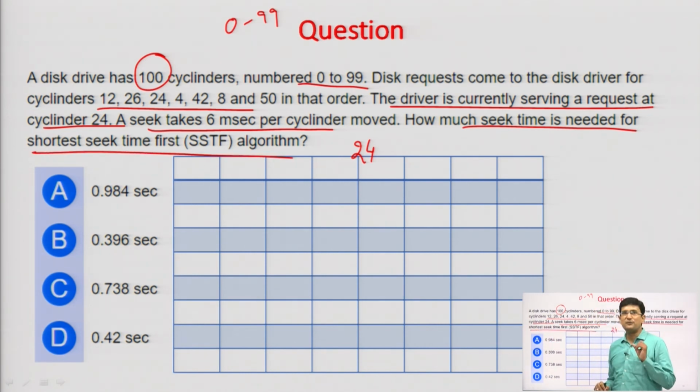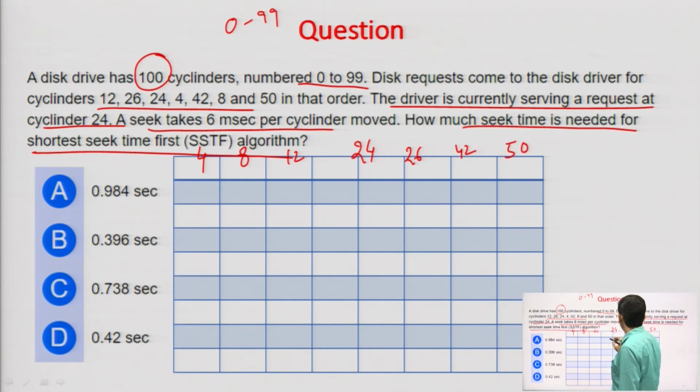We will first have to find out the number of movements, and then the total number of movements will be multiplied by the time taken for movement of one cylinder or one track. So, let us find out the movements. The requests are, you can mark them here: 4, 8, 12, 26, 42 and 50.